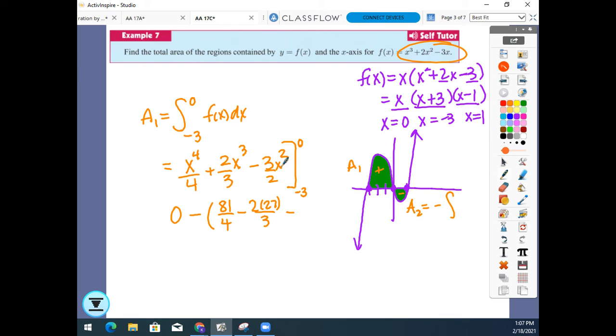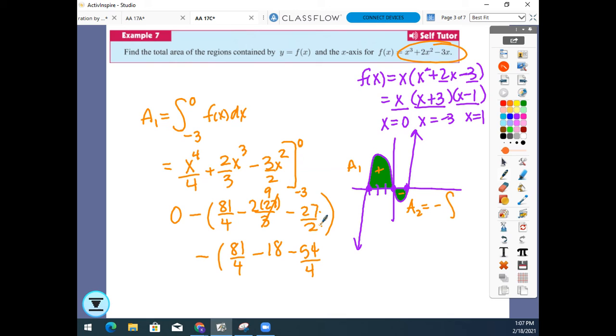Minus negative 3 squared is 9 times negative 3 is minus 27 halves. Okay, so I would probably cancel this out and get 9. So that's going to be 18. Let's change this into fourths. So this will be minus 54/4 if I multiply top and bottom by 2.